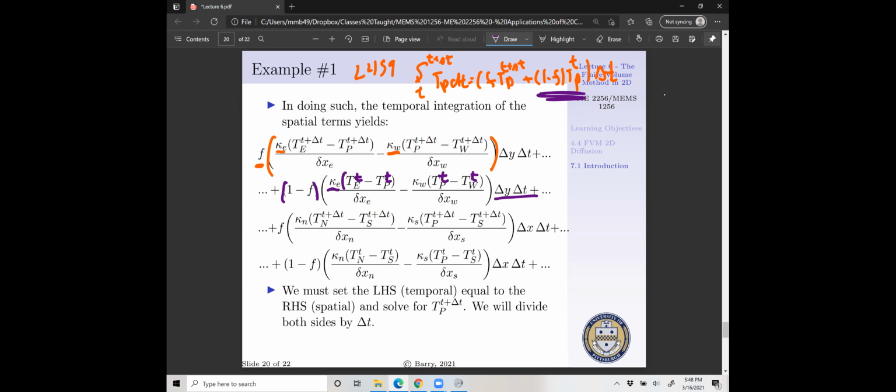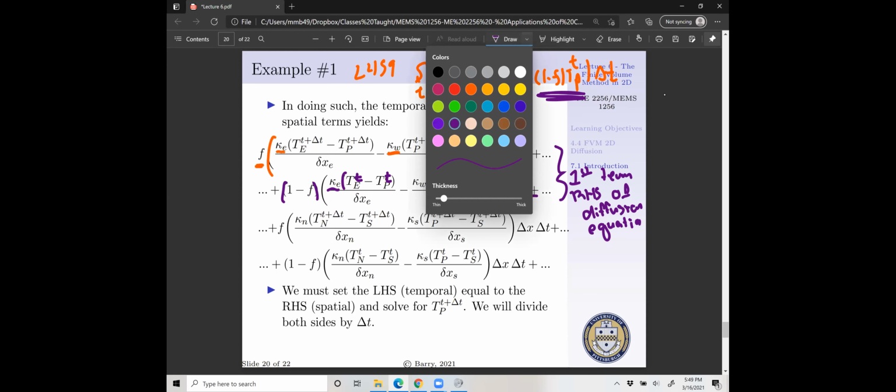And this is times delta y delta t. So this represents the first term on the right-hand side of our diffusion equation. Which isn't bad.